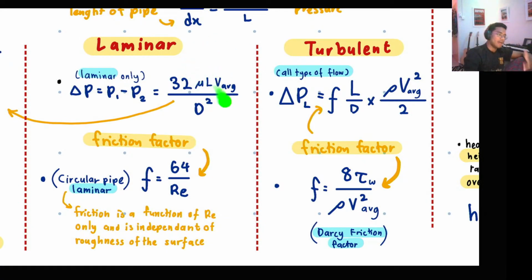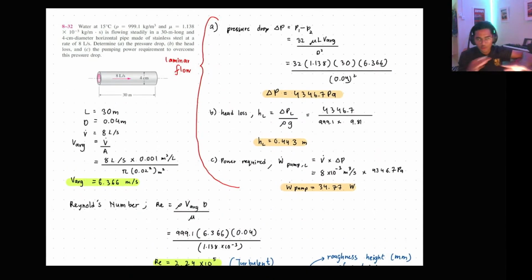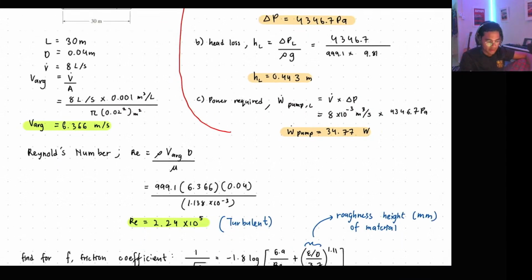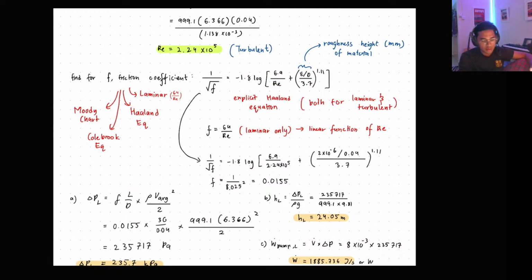Over here we have laminar and turbulent. The laminar formula is different from the turbulent formula. That is important because if we assume the flow to be laminar and use the laminar formulas, the output will be very different from if we assume it to be turbulent.